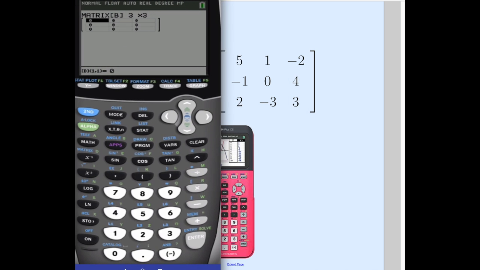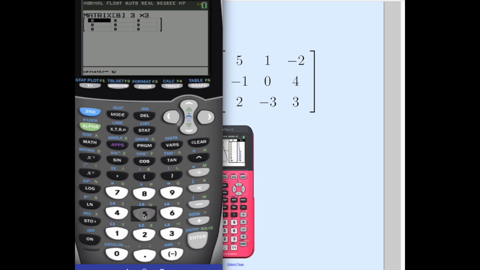And we have 5, 1, -2, -1, 0, 4, 2, -3, 3. So we're going to quit that, and then to multiply them, I just go back to second matrix. I can click number 1 is A, times second matrix, number 2 is B. Enter. There's my nice, beautiful matrix right here.